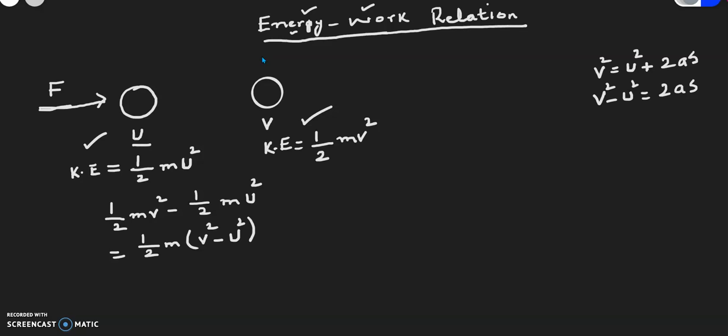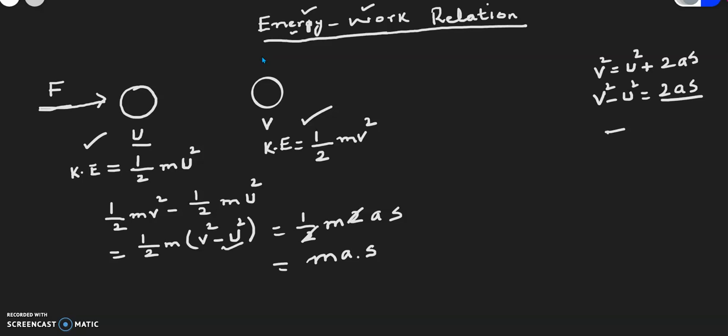So we replace the value of v square minus u square here: 1 over 2 m, and the value of v square minus u square is 2as. Now this 2 cancels with 2 and you are left with m a into s.